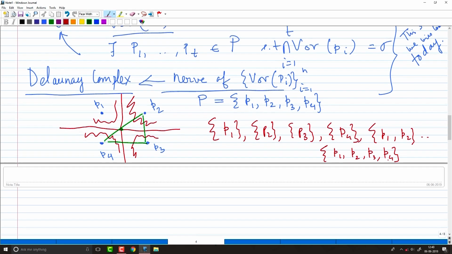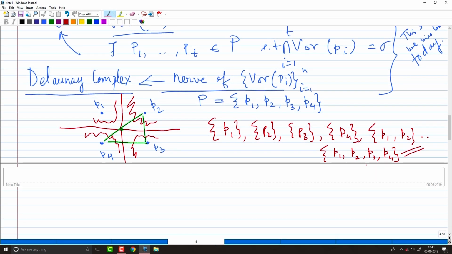Whatever the straight line embedding of this Delaunay complex, we know that if the maximum dimension is T, I can embed it in R2T plus 1. So, this can be embedded in dimension 7, R7.